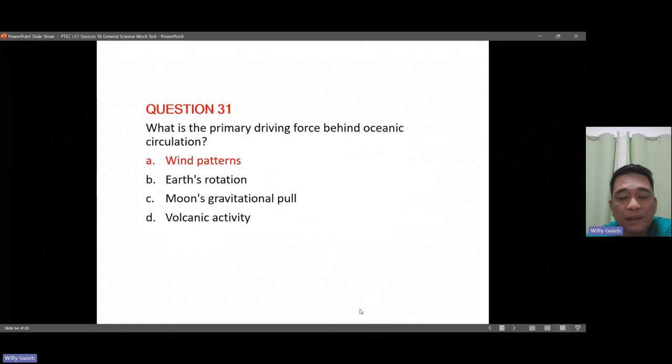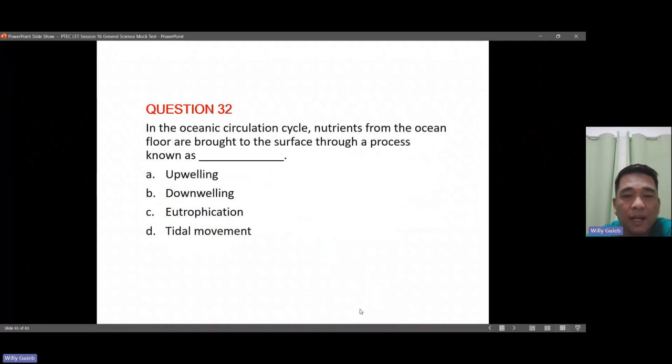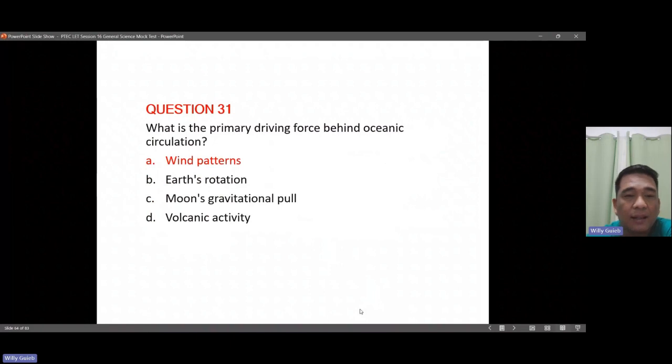So kung ano yung wind pattern na umiiral for a particular region, Earth's region, that regulates or that created yung kanyang climate, ito din yung nagbibigay ng puwersa, no, para magkaroon ng oceanic circulation. And generally, ito ay may factor ng Earth's rotation, but it's not really a driving force, unlike the effect of the wind patterns.